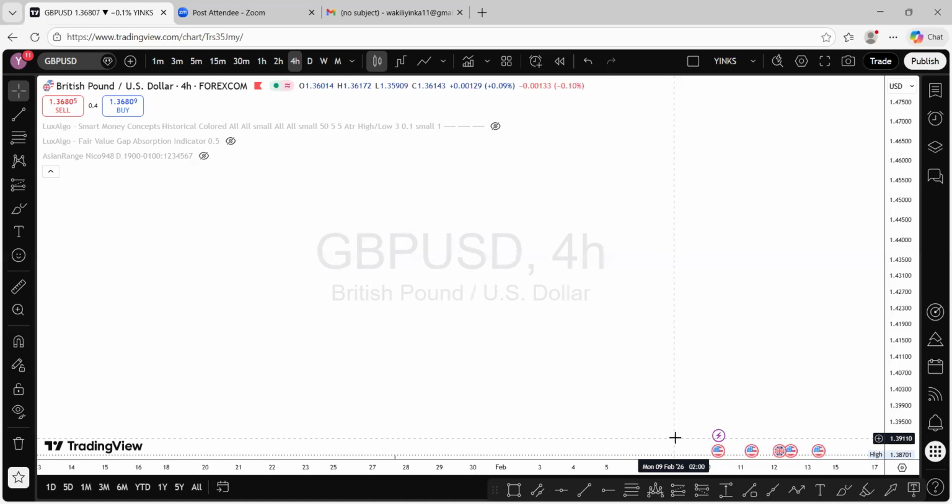First, have this in mind that the market structure, I'm thinking of the right word to use, moves in a swing way.